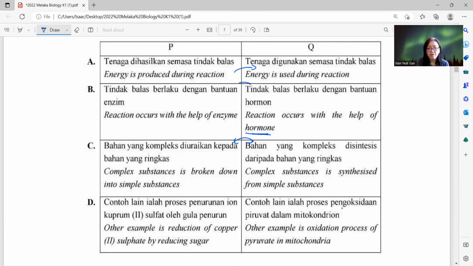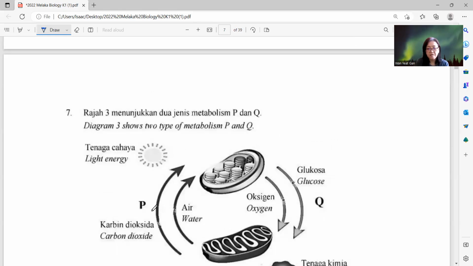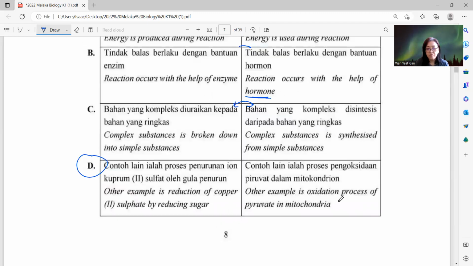Okay, so again, this is not correct. So the only correct answer is D. P is anabolism, Q is catabolism. So here, oxidation process pyruvate, yes, correct. It's a catabolism, and this is anabolism. Okay, so answer is D.